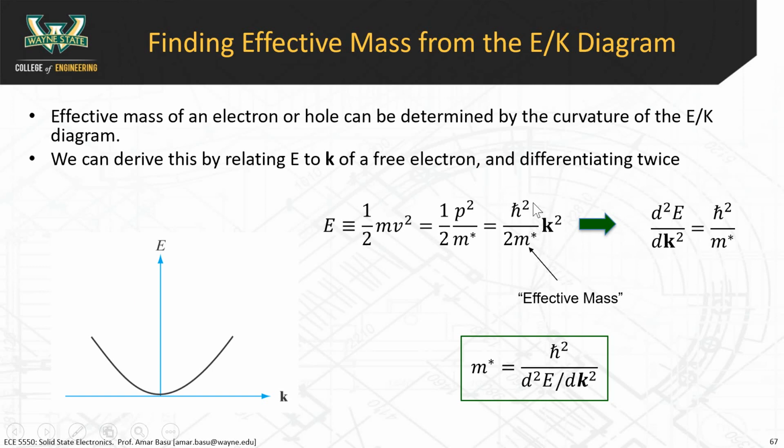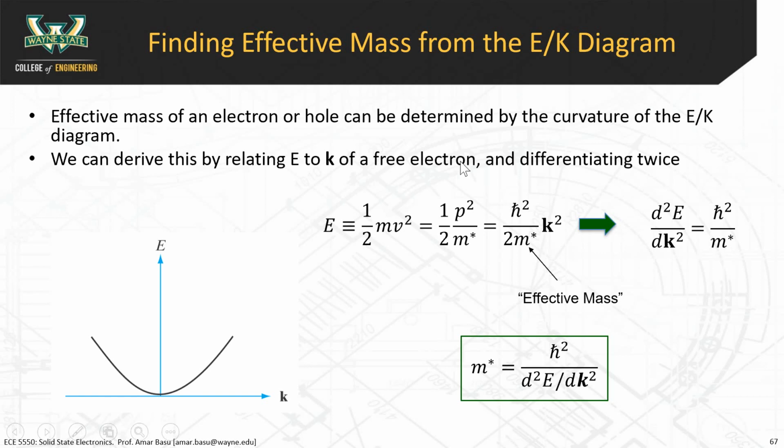And for a wave, the momentum is equal to h-bar times k. That's where this comes from. So you have the effective mass in the denominator here. So E is equal to h-bar squared times k squared over 2m. If you take the second derivative of E with respect to k, you end up getting h-bar squared over m.